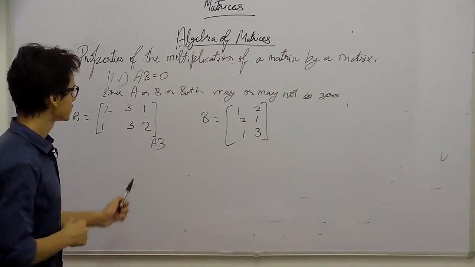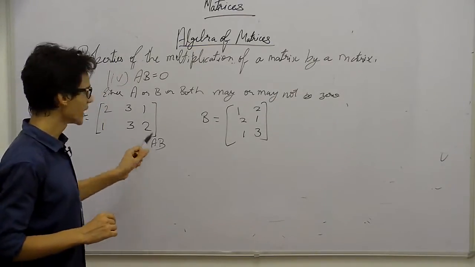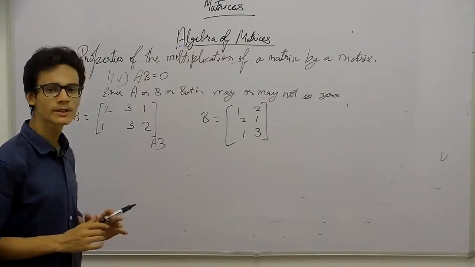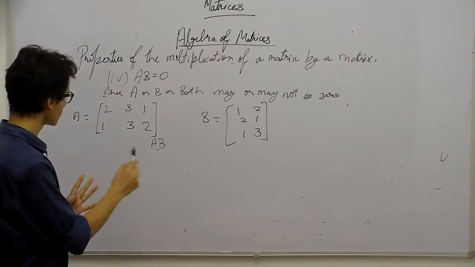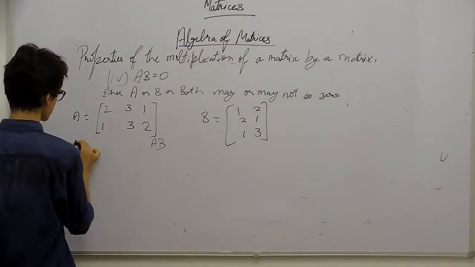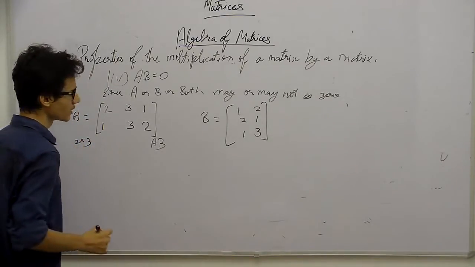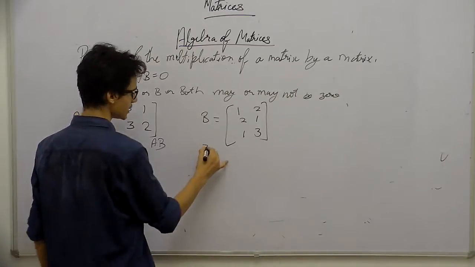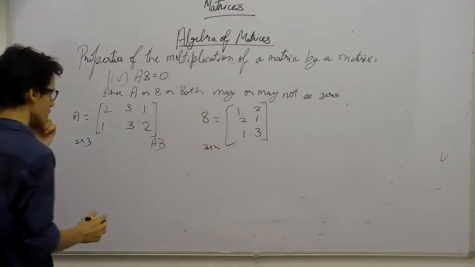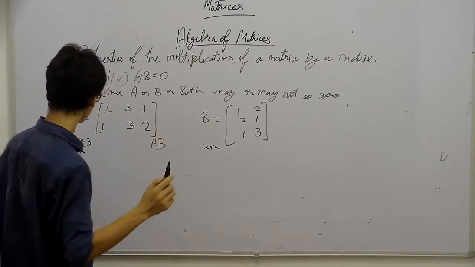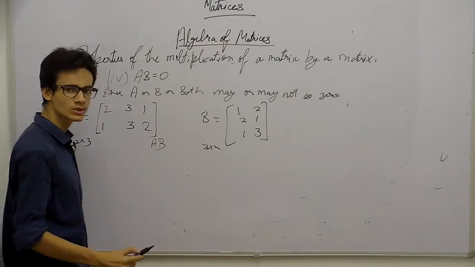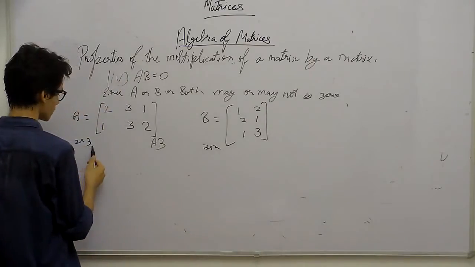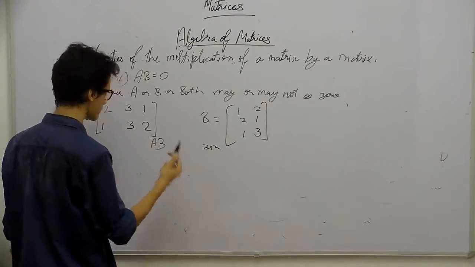Now let's see if we can find AB or not, that is, whether the prerequisites of multiplying a matrix by a matrix are fulfilled. So what is the order of A here? It is 2 by 3. What is the order of B? It is 3 by 2. So what was the requirement? The number of columns of A must be equal to the number of rows of B. The number of columns is 3, the number of rows is 3, they are equal.